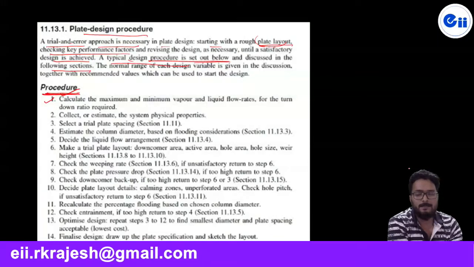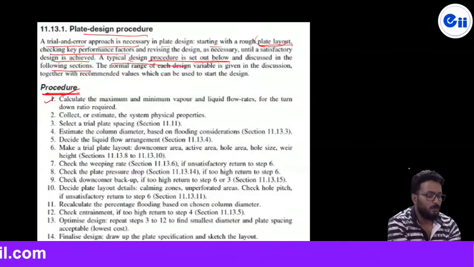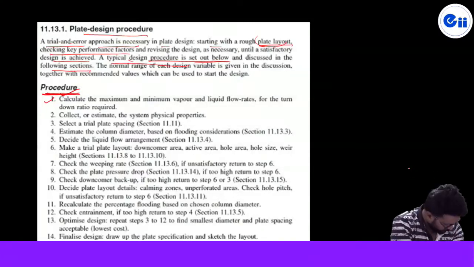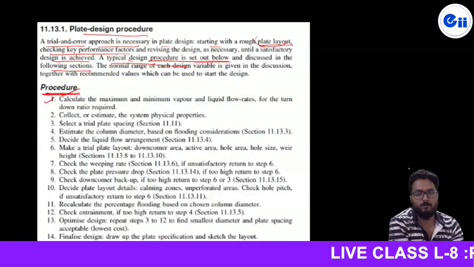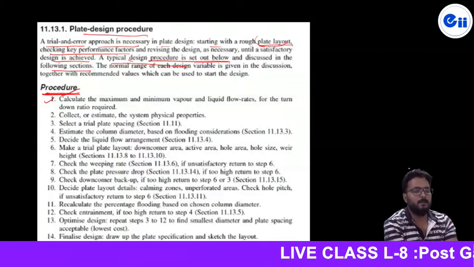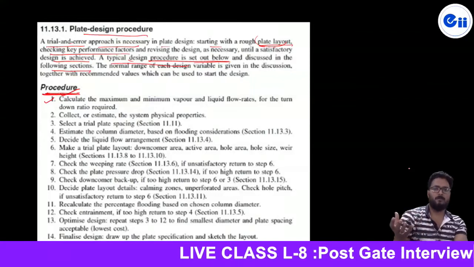Ratio of maximum to minimum is called the turndown ratio. In this case the maximum and minimum vapor and liquid flows are very important, and we can obtain them by material balance calculation.